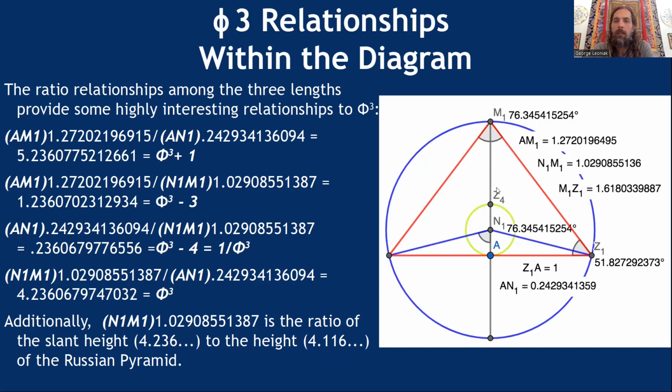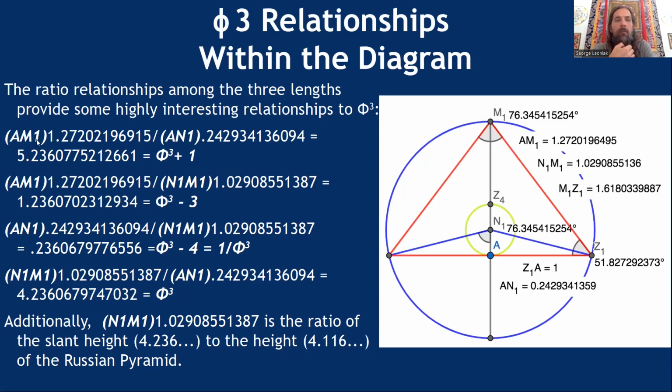And finally, M1Z1. So these are essentially like the three sides of the triangle, but we have the vertical truncated by this point M, which is the center of the circumscribing circle. But anyway, that is 1.618, which is phi. So with that as background, I just want to show you how amazingly easy you can find phi cubed in all of these relationships.